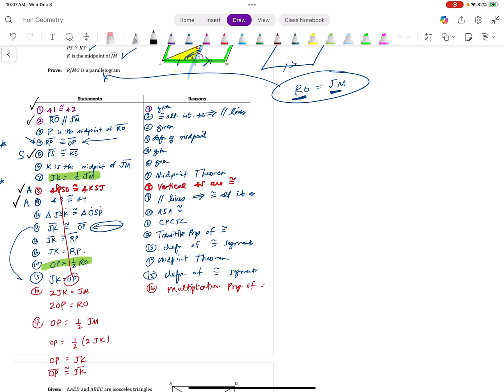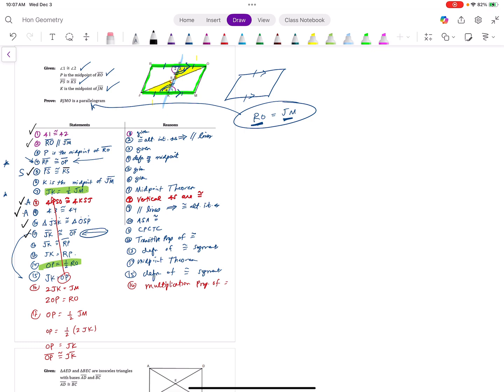Oh, because I needed these two to get the angles. So I made the congruent triangles. Then I said that JK was congruent to OP. I did that. Oh, that's when I pulled in the midpoint.